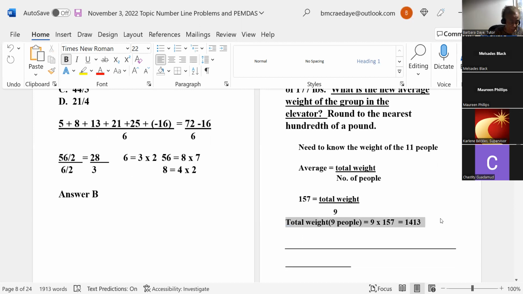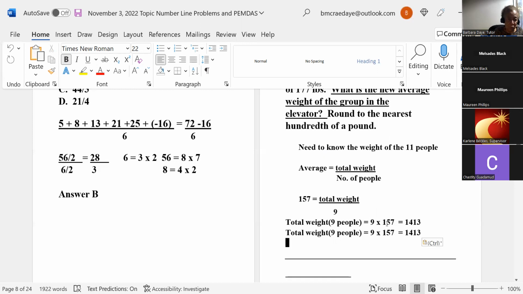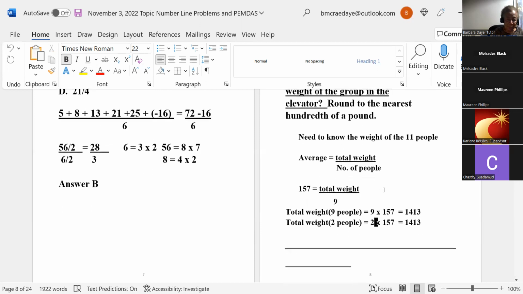You tell me what to write. The total weight for 2 people. So 2 people into the elevator, and we'll put a 2 here. And what was their average weight? 177, right?